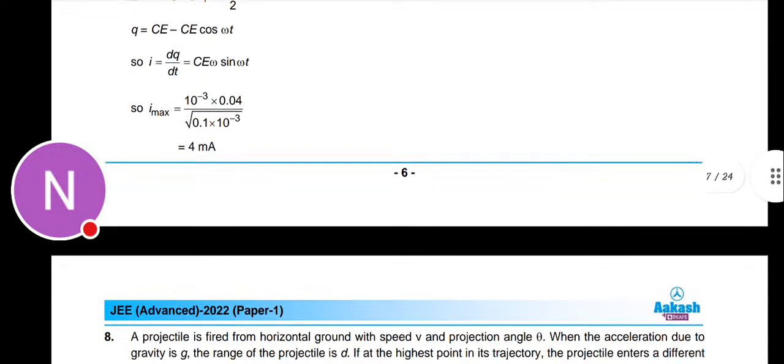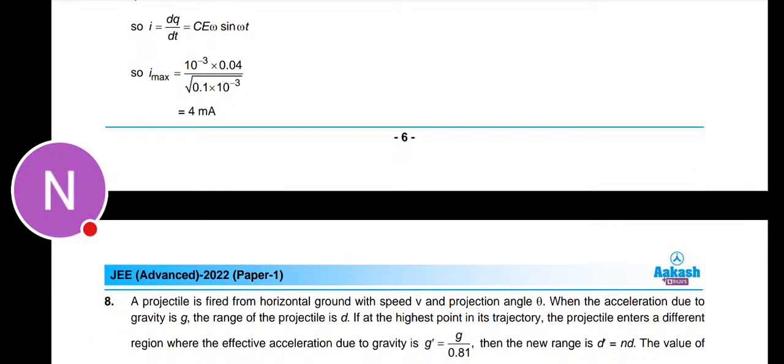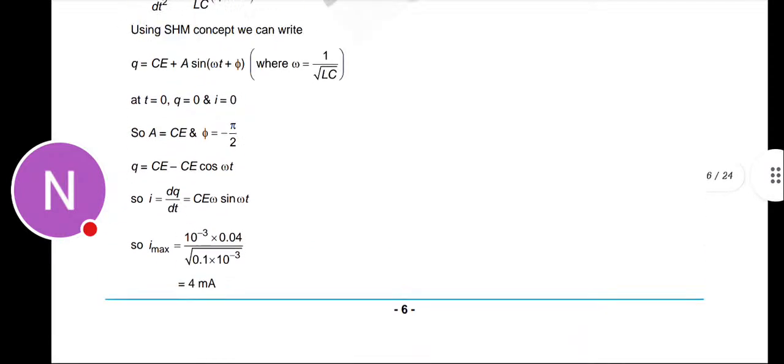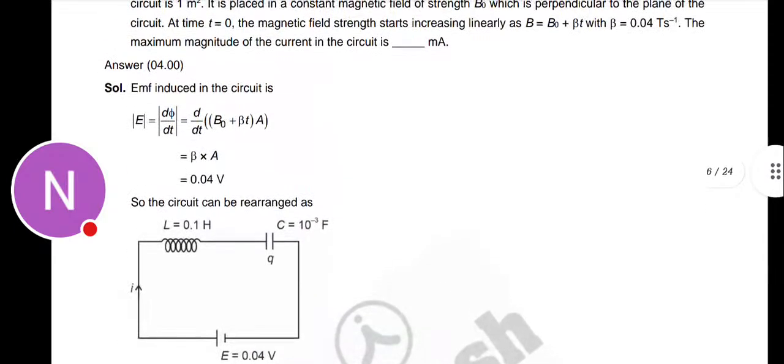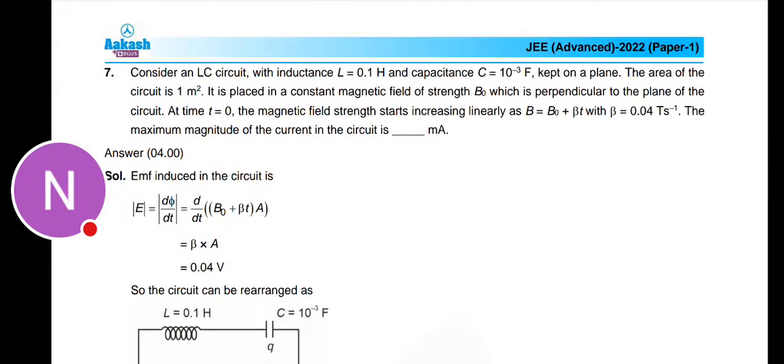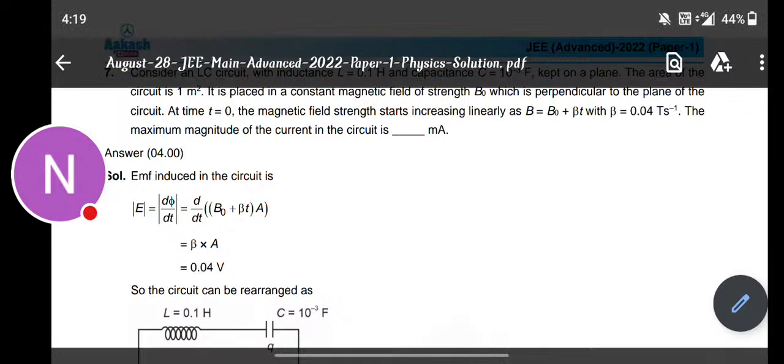So therefore Q is equal to CE minus CE cos omega t. So I is equal to dQ by dt, that is equal to CE omega sin omega t. So I max is equal to 10 to the power minus 3 into 0.04 by root 0.1 into 10 to the power minus 3. Therefore it is 4 milliampere. So the maximum magnitude of the current in the circuit is 4 milliampere is the answer we'll get.